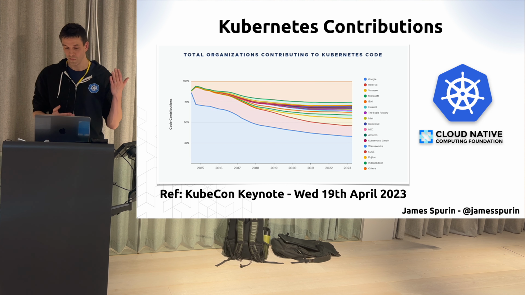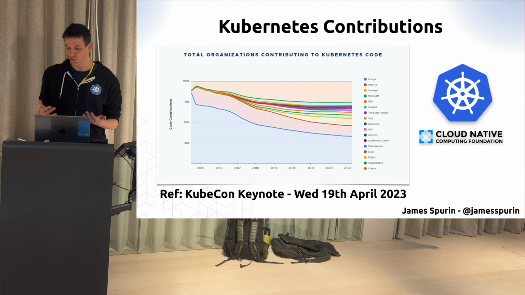We've got Google, which are the biggest with that blue box at the bottom, but we've got others. We've got Red Hat, VMware, Microsoft, and even smaller organizations such as Weaveworks. Essentially, through this being a CNCF project, everyone can get a seat at the table and contribute.